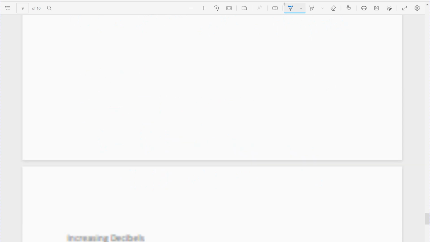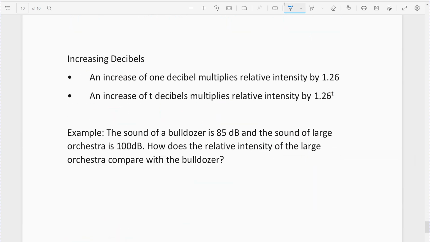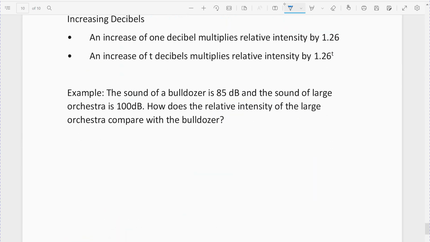Alright, so just like the earthquake, we're going to compare decibels here. For every 1 decibel increase on the scale, the intensity increases by about 1.26. It's not as neat and pretty, because there's a little more involved than just a straight log and an exponential base 10.